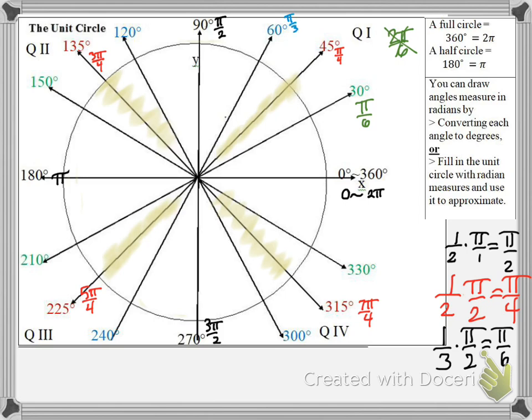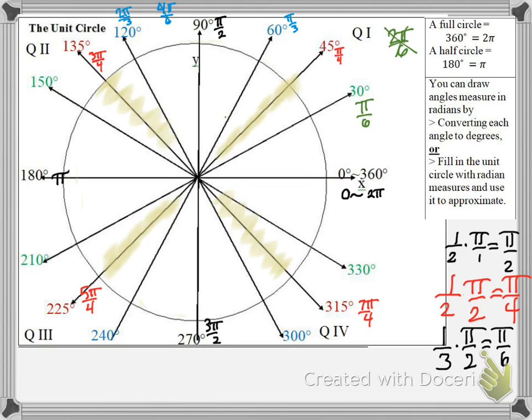So I just did 1/6. I did 2/6, which reduces to 1/3. I'm doing 3/6, which reduces to 1/2. I'm doing 4/6, which I'm going to reduce down to 2 pi over 3.